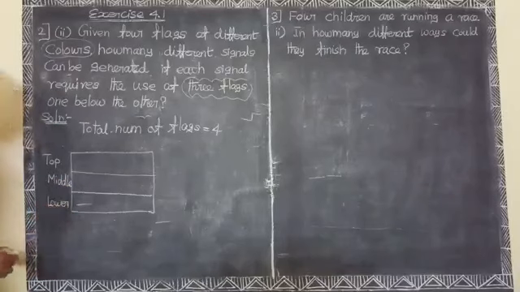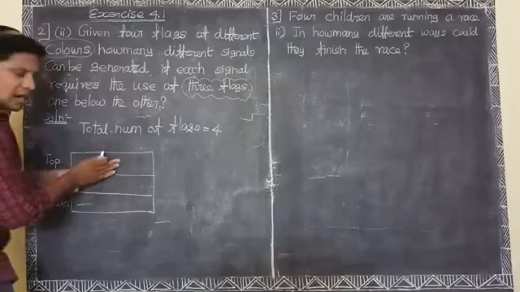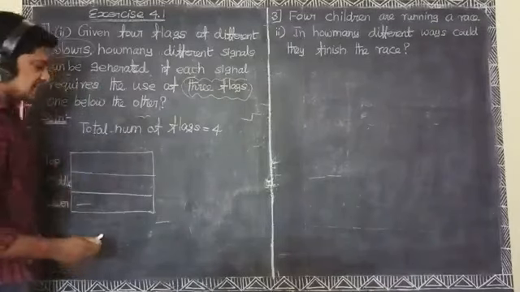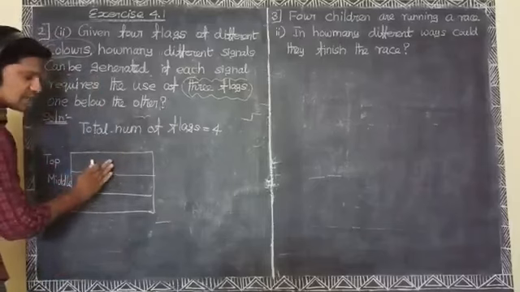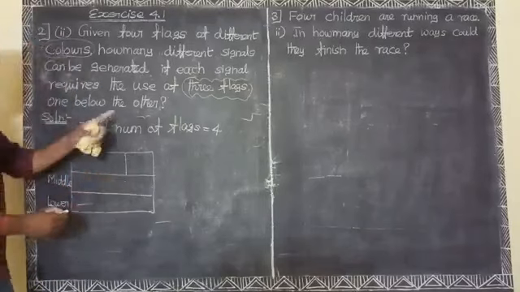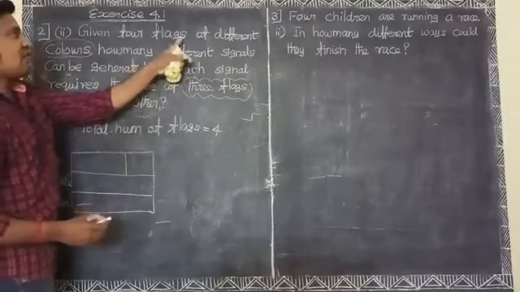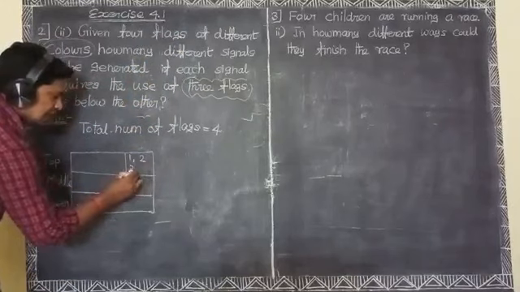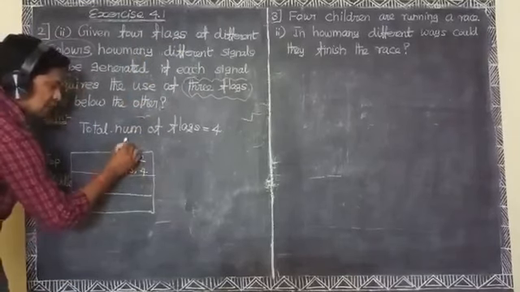The top order can be placed with any of the 4 flags: flag 1, 2, 3, 4. These are the possibilities.